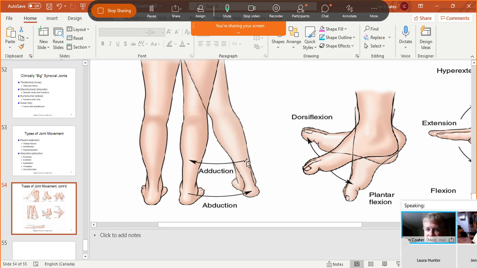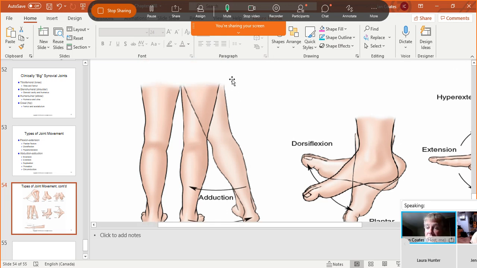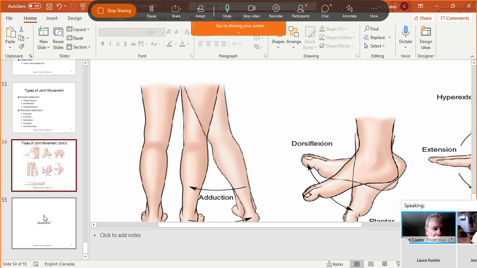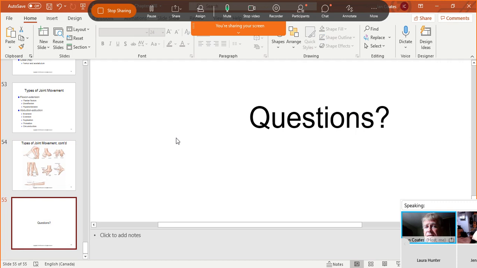You have adduction, which means bringing your leg closer to the medial line, or abduction, which is moving your leg out, because you have little muscles on the inner and outer thigh that their job is to move that leg left and right. And that's what we got there.